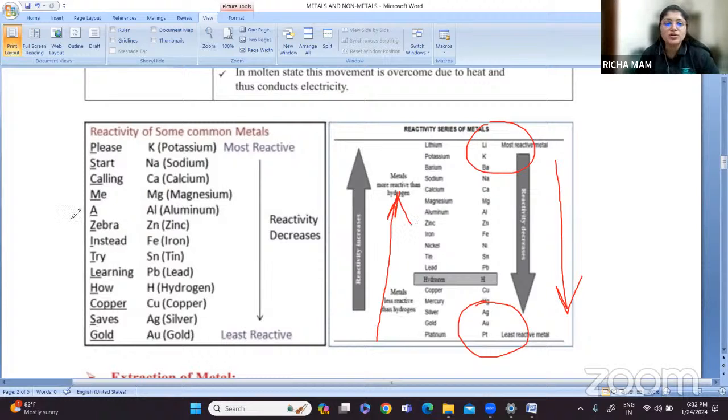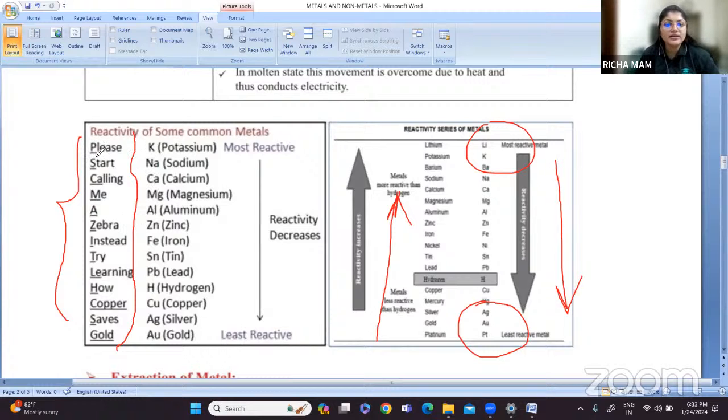How to remember this series? You can keep this in mind: Please start calling me a zebra. Instead, try learning how copper saves gold. By heart this particular sentence, you can keep the series in mind.